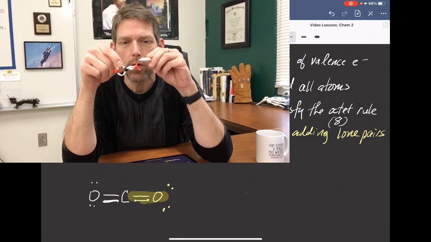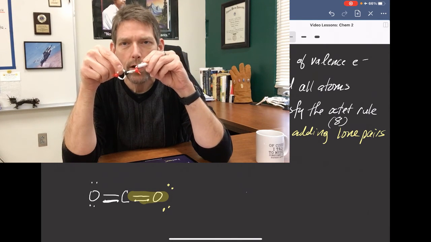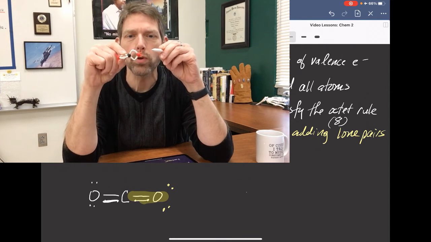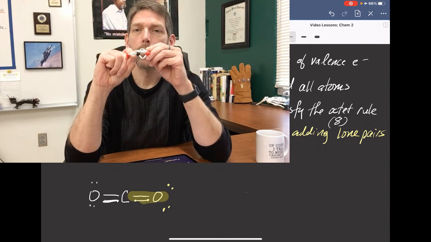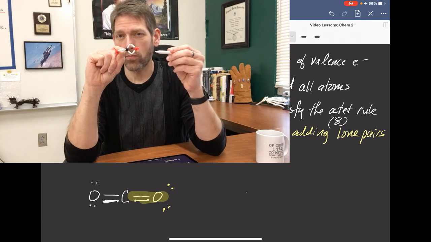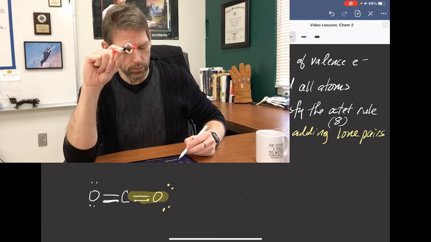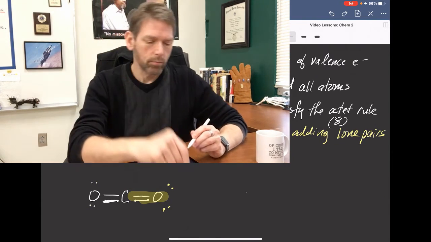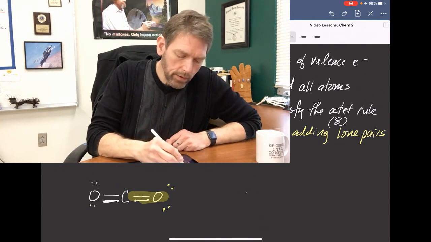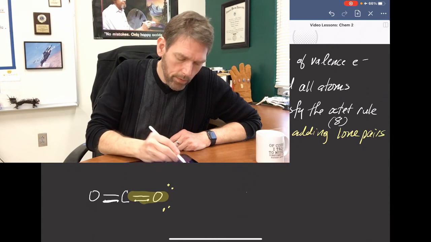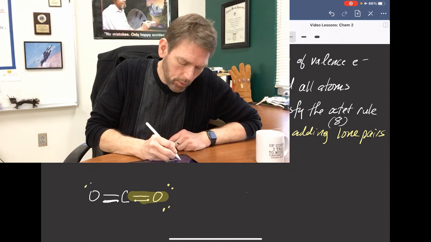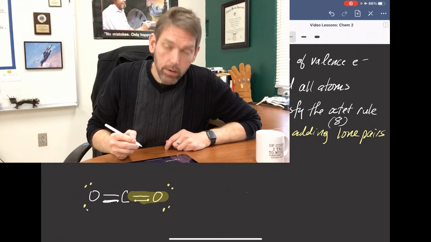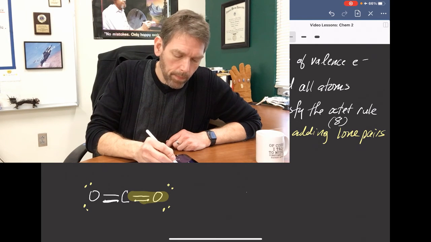But they're still coming off at the same angle. Whether I hold it this way or sideways, those lone pairs are coming off at the same angle. So those two and those two right there, right? So once again, we know that there would be a lone pair here and here.